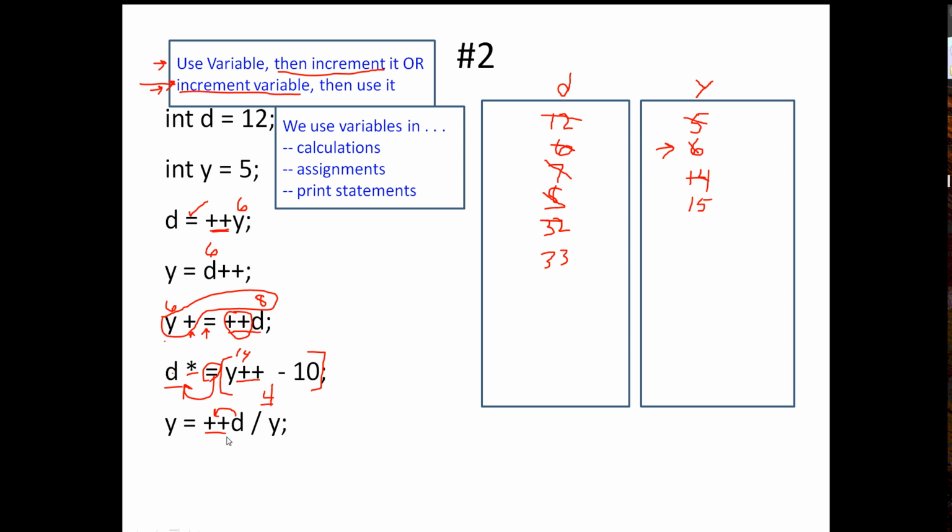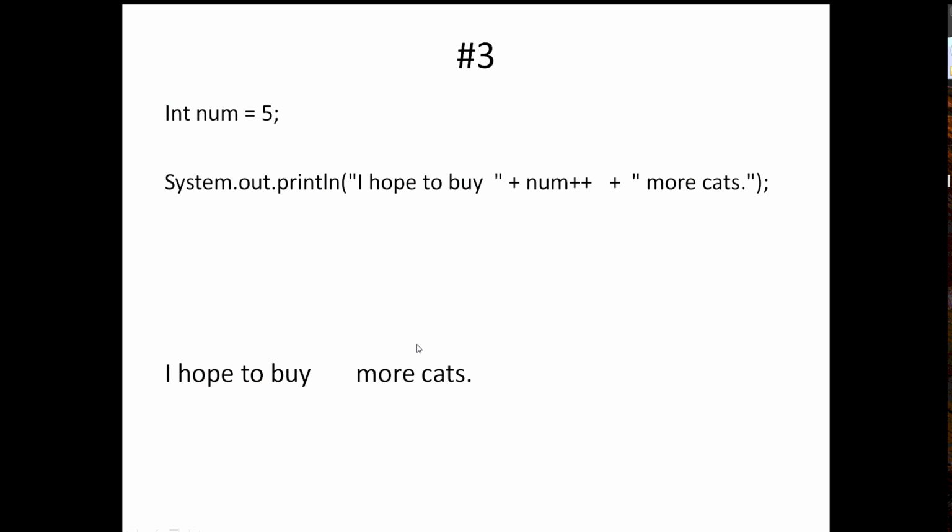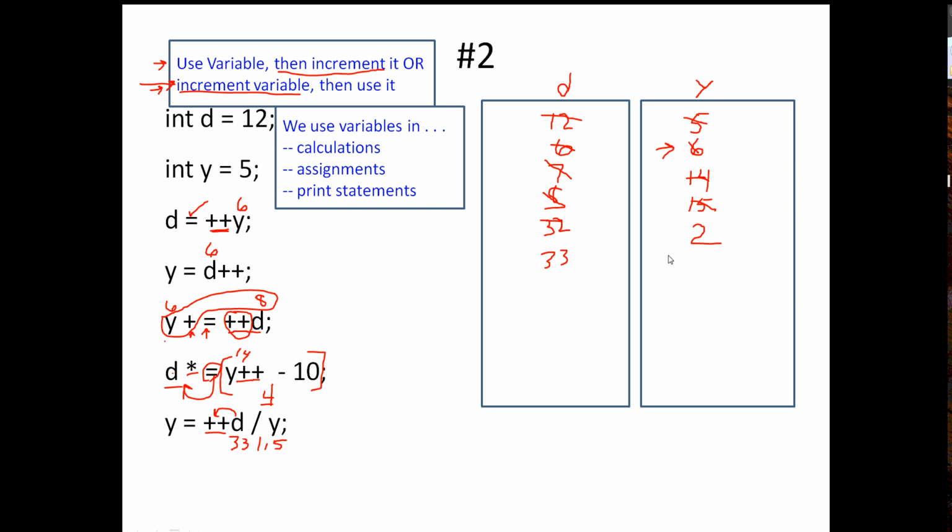So 33 divided by 15 is 2 in Java, so 2 gets assigned to y. And I think that's it. Yeah, so 33 and 2 is what we finish up with.